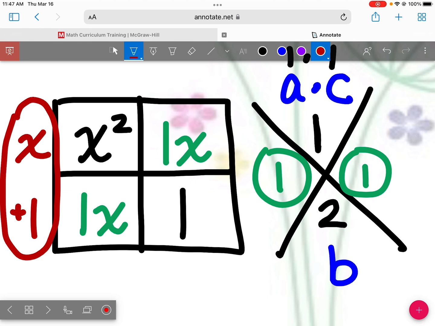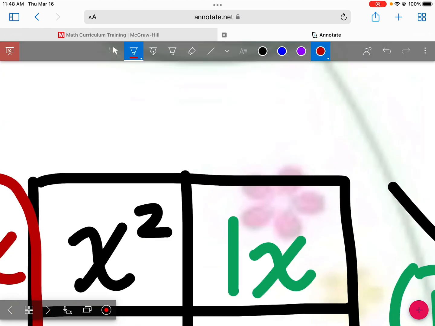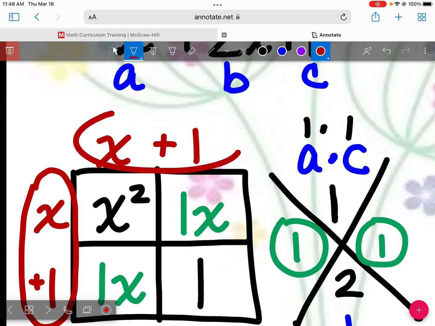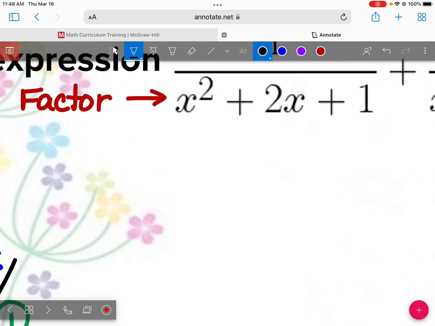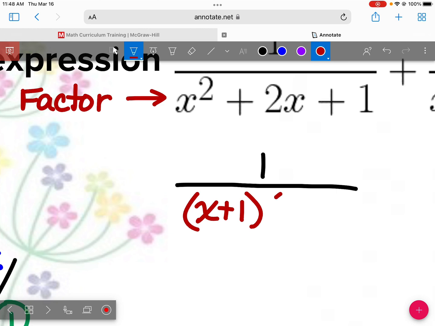What about my columns? The left column, x squared and 1x: x. And the right column? Positive. All right, so I can rewrite this first fraction as 1 over x plus 1 times x plus 1.